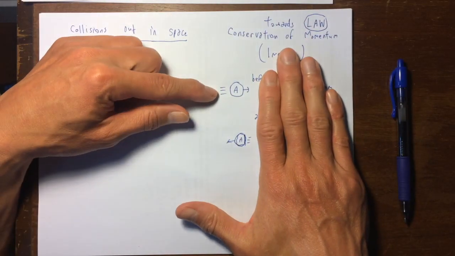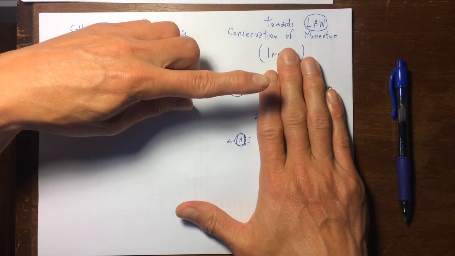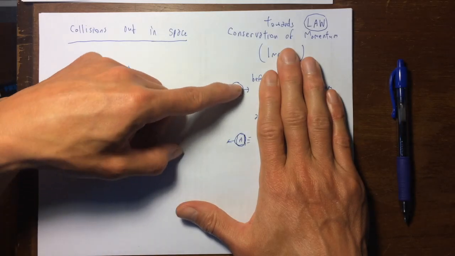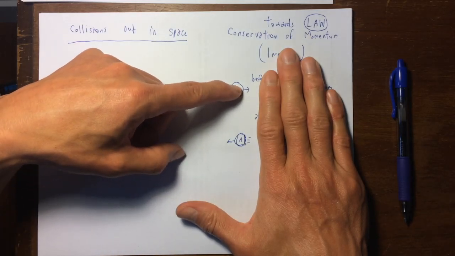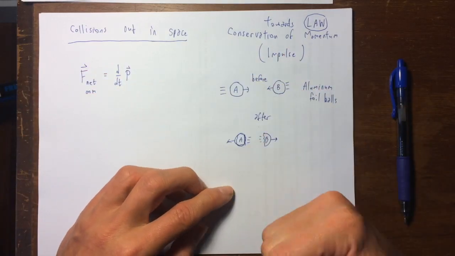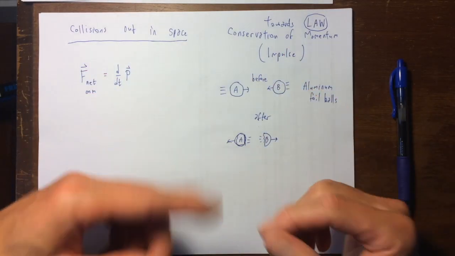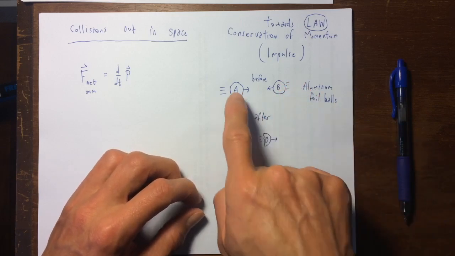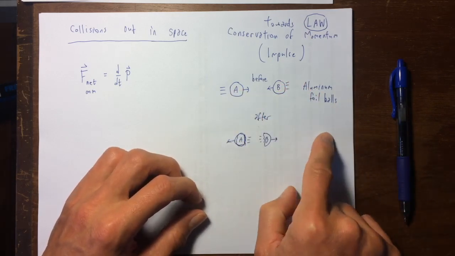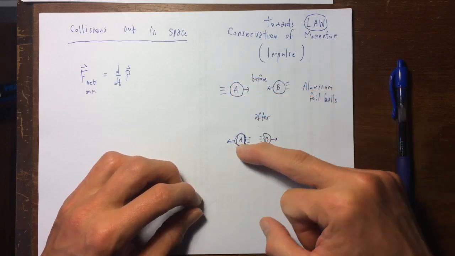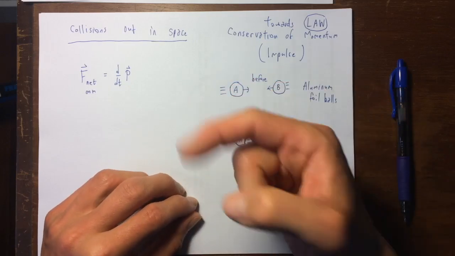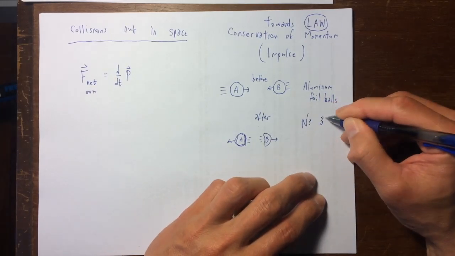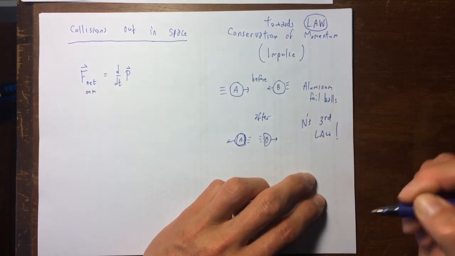If I look at A all by itself, here comes A towards the right, but something happens to it and now it heads towards the left, and the direction of net force that does that to A is a force towards the left. And if you think about it, the reason that B turned around and went back is because A forced on B, and the reason that A turned around and went back is because B forced on A. And it starts to sound very Newton's third law, right?